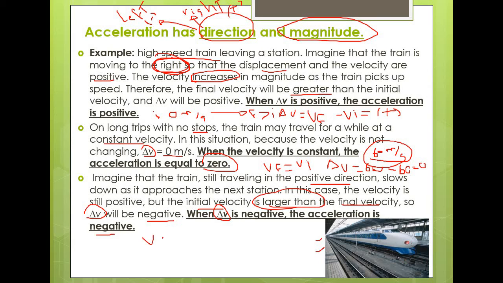So the final velocity is smaller than the initial velocity as the train slows down to reach the next station. So the change in velocity, V final minus V initial, will be negative, and the acceleration also will be negative.